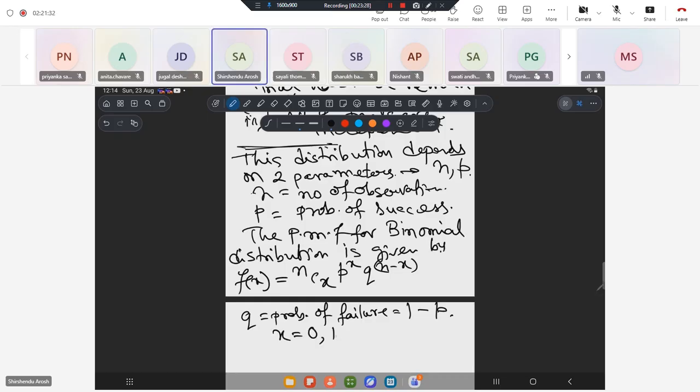And x can take values 0, 1 to n, not a negative value.